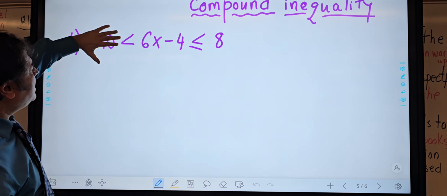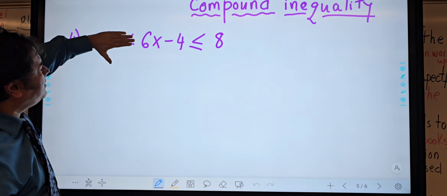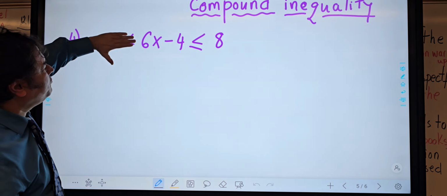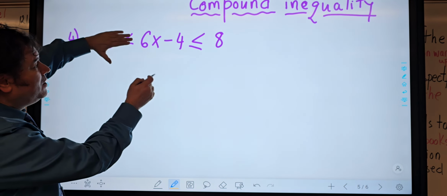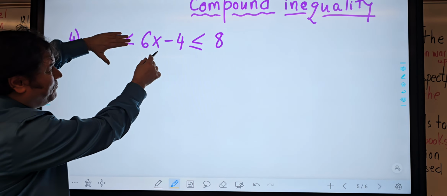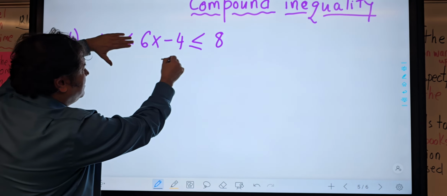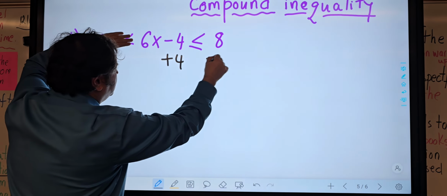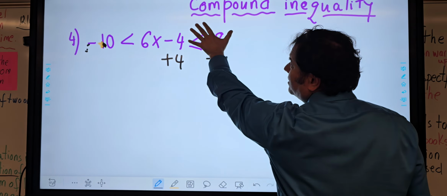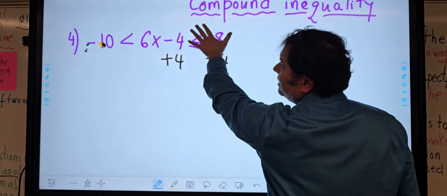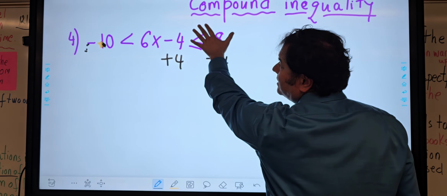So for example, let's say if I cover this part of the inequality, we have 6x minus 4 less than or equal to 8. And if we would have to solve that, we would first have to add 4 on both sides, right? Plus 4 on both sides. And if we cover this part of the inequality, we have negative 10 less than 6x minus 4.